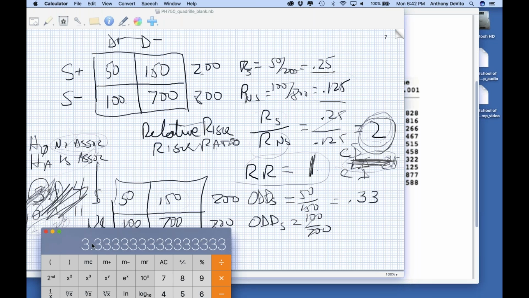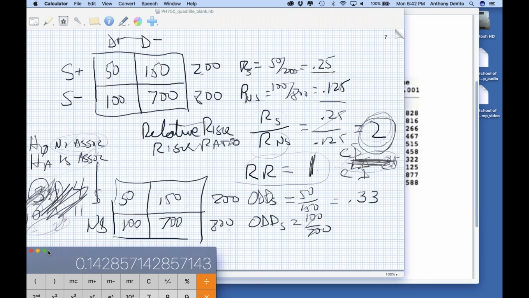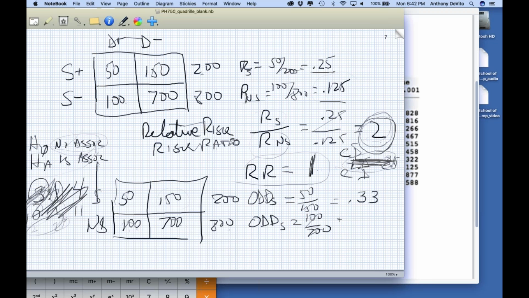I don't use that much in a lumber yard, so I have to use my calculator. 1 over 7, the same ratio. It's going to be 0.14. Notice that I'm getting the same kind of result. My odds for smokers getting lung disease are bigger than my odds for non-smokers. So it's not as if we're getting a different result. We're going to wind up with a different number though.